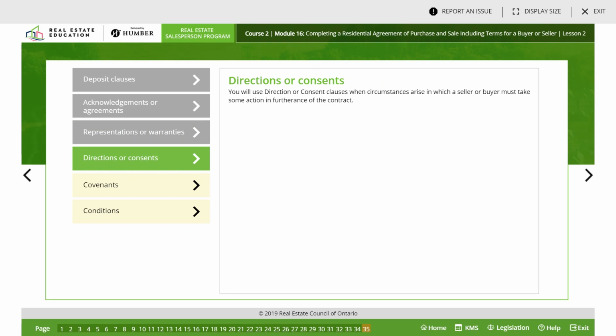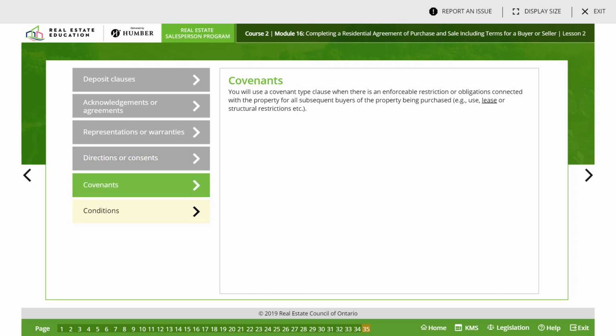Directions or consents. You will use direction or consent clauses when circumstances arise in which a seller or buyer must take some action in furtherance of the contract. Interesting. Covenants.